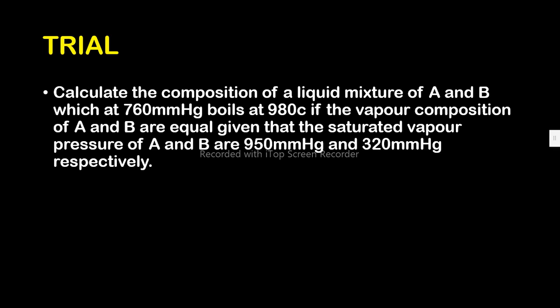Then we saw how the boiling points and vapor pressure are going to vary if a solvent has a volatile solute and if a solvent has a non-volatile solute. Then we talked about an ideal solution.